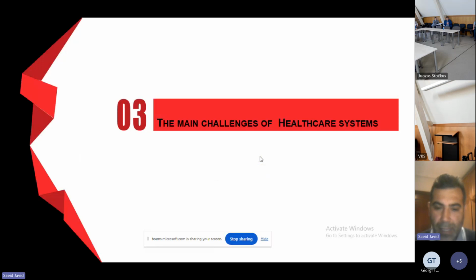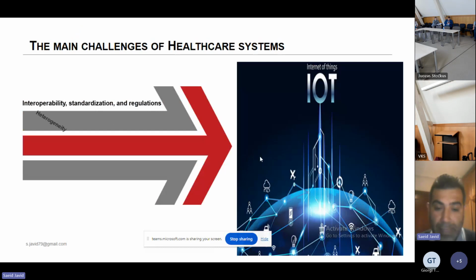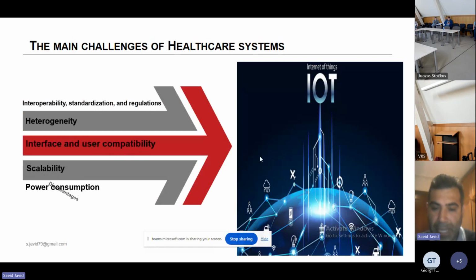The main challenge of healthcare system. Healthcare system in IoT concept: patients, clinics, and hospitals connected to an integrated system regardless of the user's physical location to coordinate healthcare services.